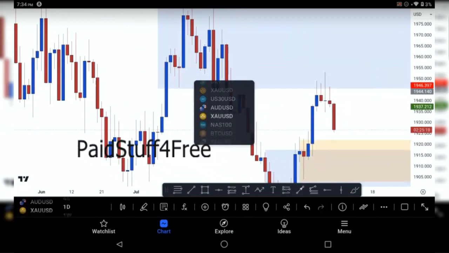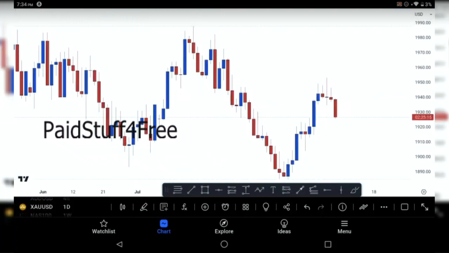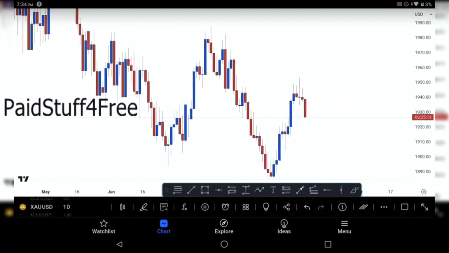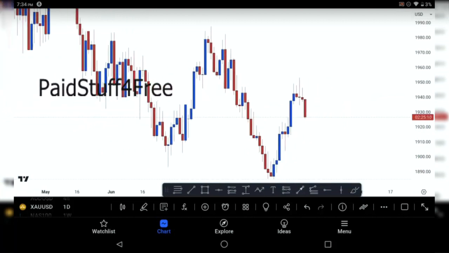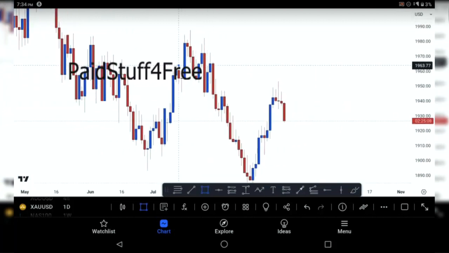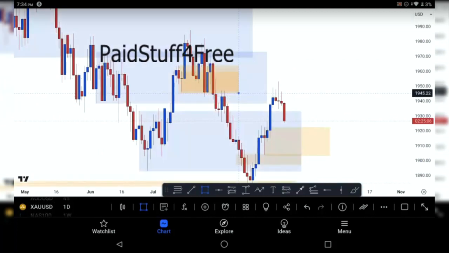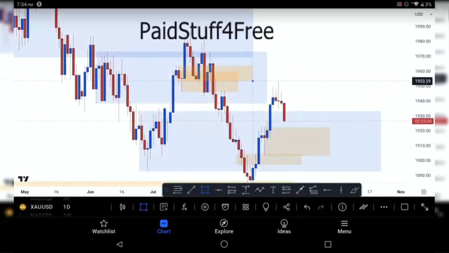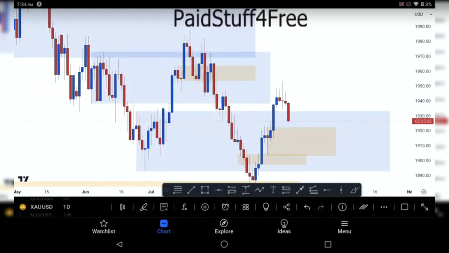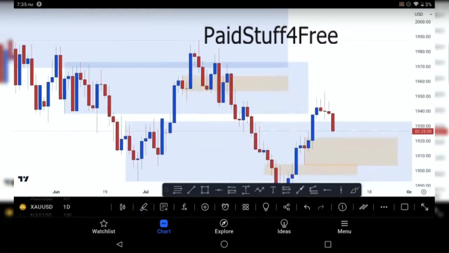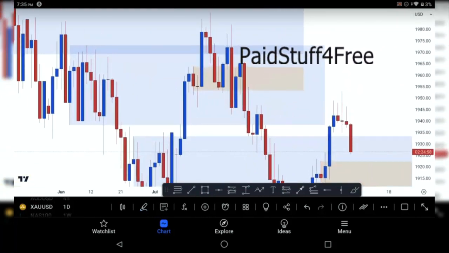Hold on a sec, let me be sure what I'm doing. On my trading broker, this was an engulfing failed. Now, can you see that engulfing failed?